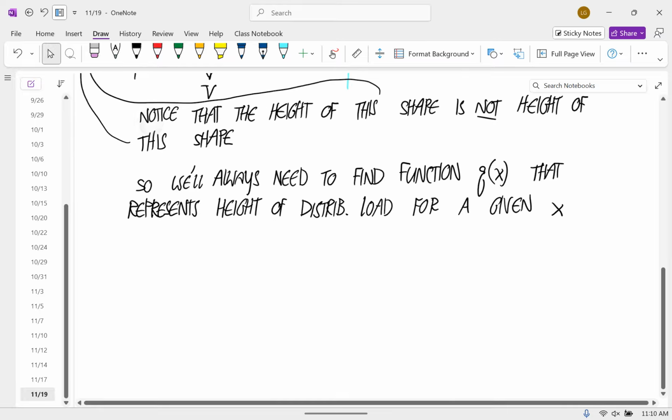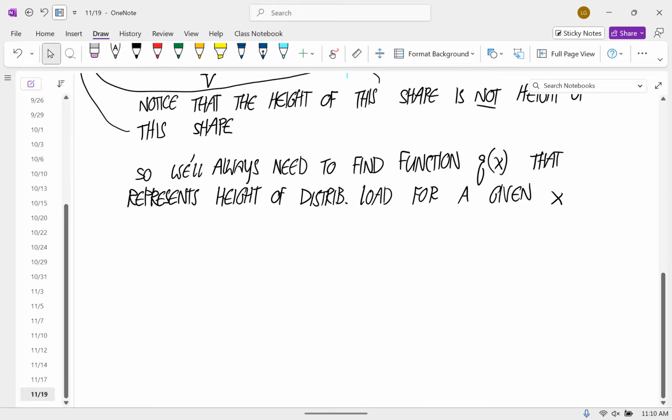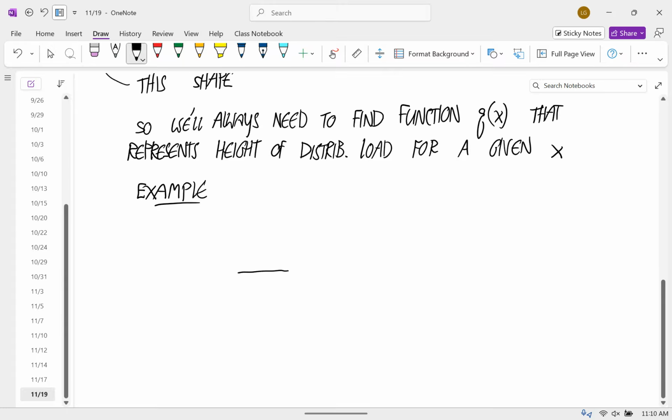Okay, so let me show you an example of this. So let's say that we have a beam, and I'll do that triangular shape again.